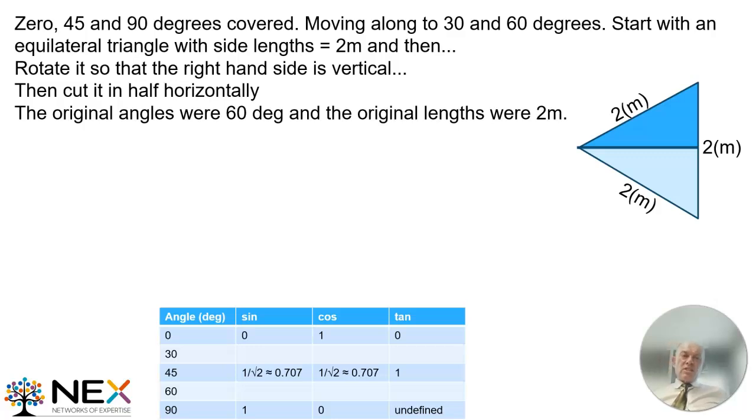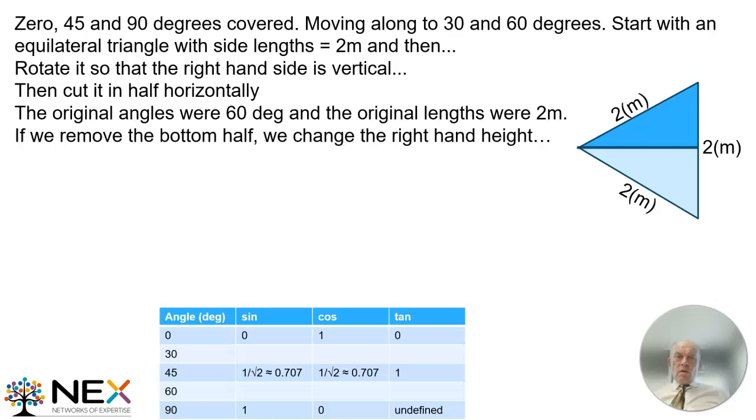The original angles were 60 and the original lengths were 2. So if we remove the bottom half, we change the right hand height from 2 down to 1. And we also put in the right angle because we had a vertical line which is chopped in half. So that will produce a right angle. Perfect.